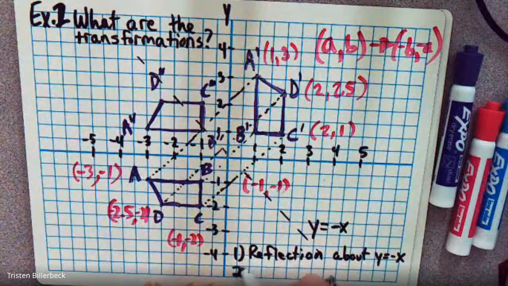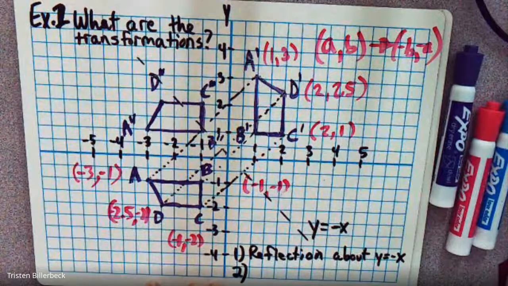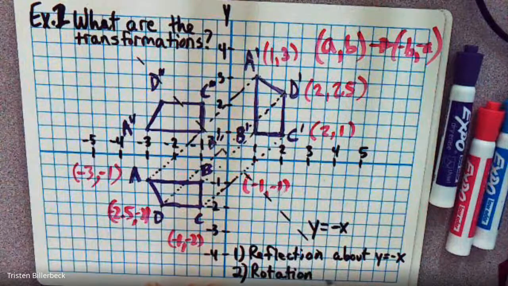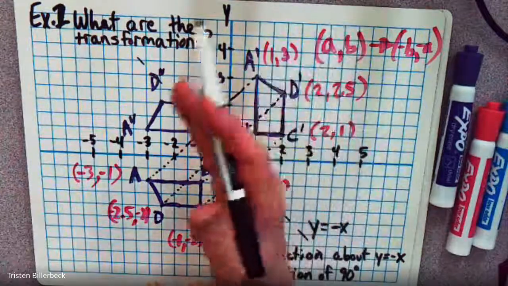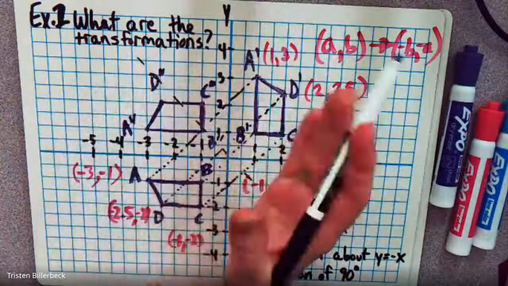Then the next transformation is a rotation of 90 degrees. And did we go clockwise or counterclockwise?